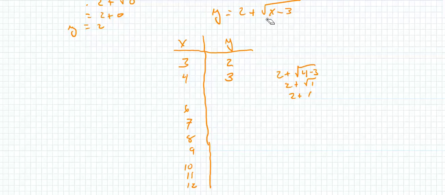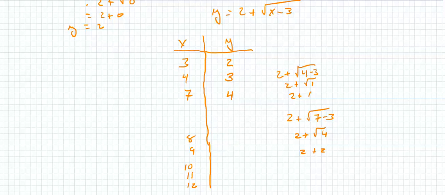I don't know the square root of 3. If I put in 7, 7 minus 3 is 4. All right? So I'm going to erase this. I'm going to move the 7 up here. And we have 2 plus the square root of 7 minus 3, 2 plus the square root of 4, or 2 plus 2, which is 4.